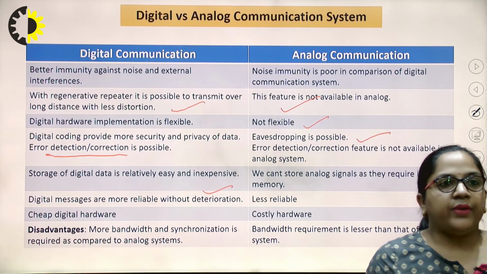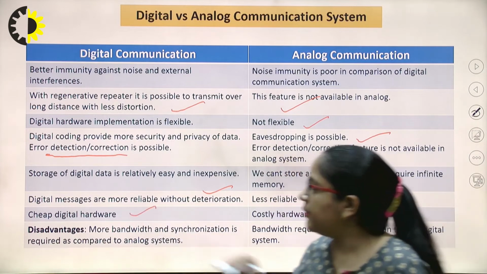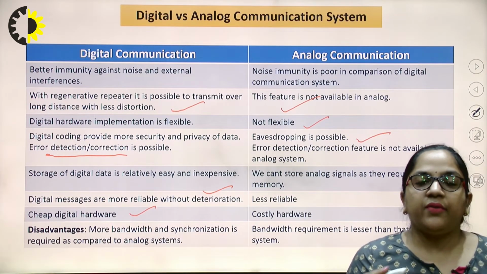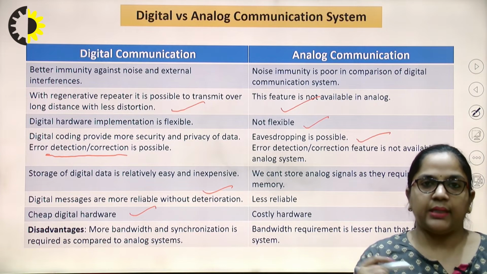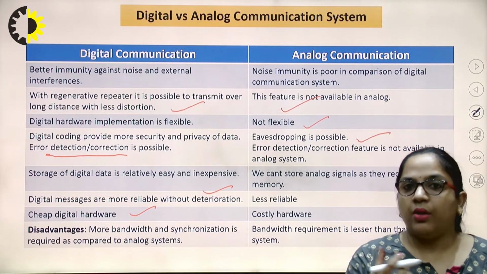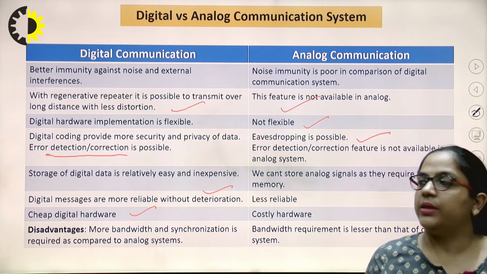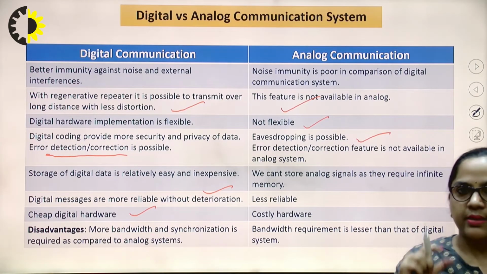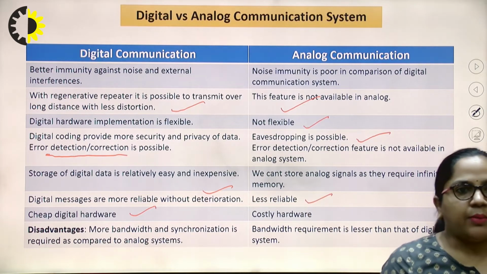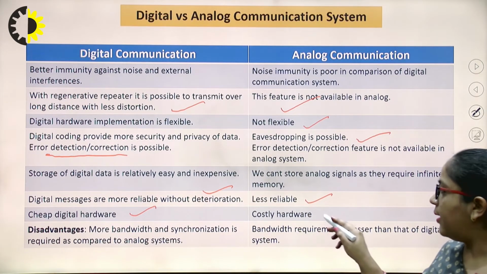The digital hardware is cheap, as we have already discussed, while analog signals are very difficult to store, as the bandwidth or memory required to store an analog signal is infinite. So it is not possible to store analog signals directly. Also, analog systems are not reliable and have costly hardware.